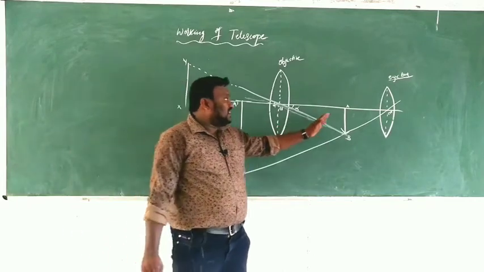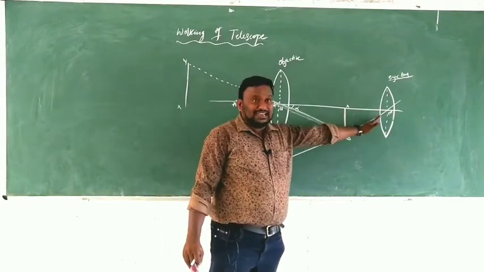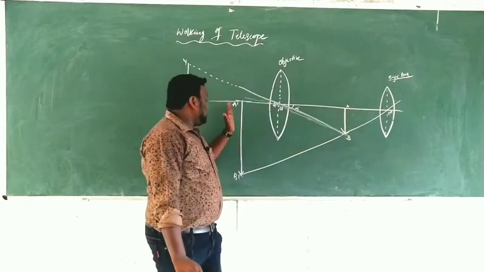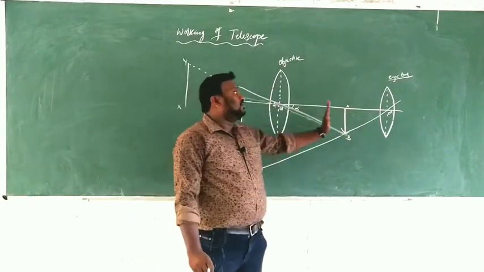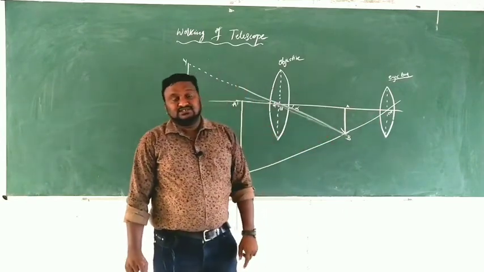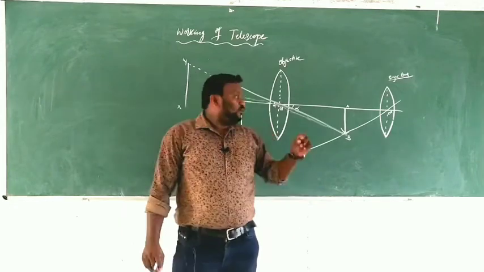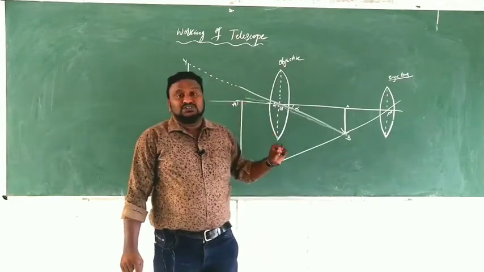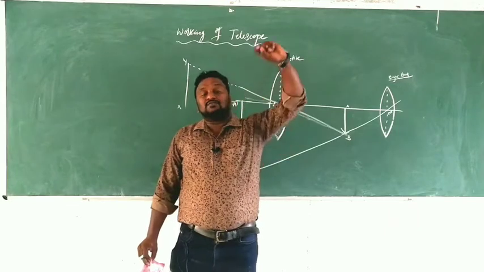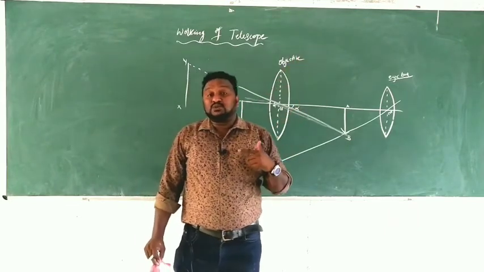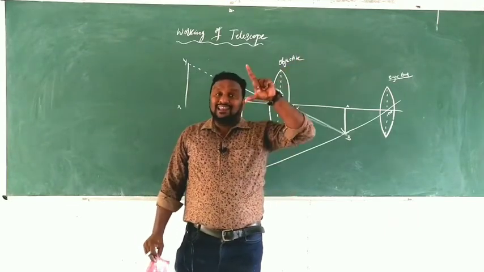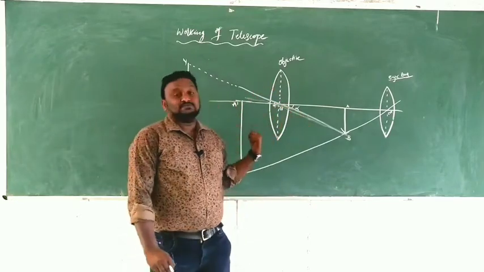So AB is the object for the eye lens and A dash B dash is the final image of the eye lens. In this way, while using the telescope, small objects at a far distance give us a very large, inverted image.